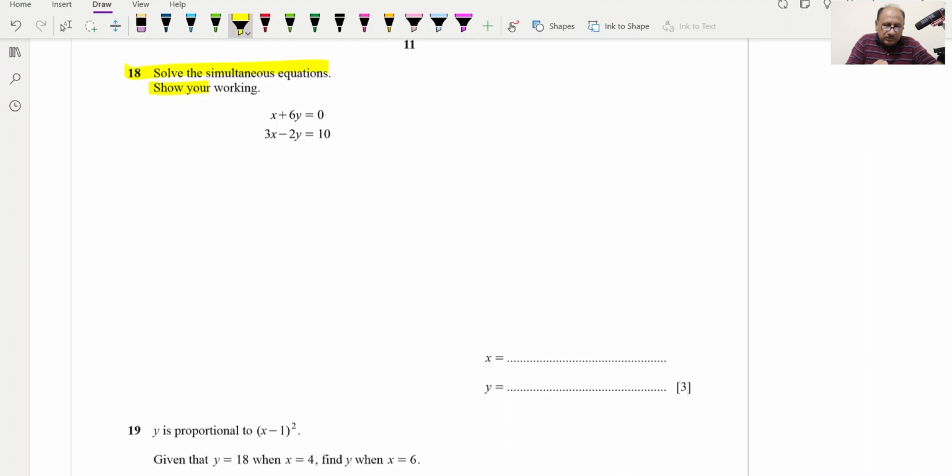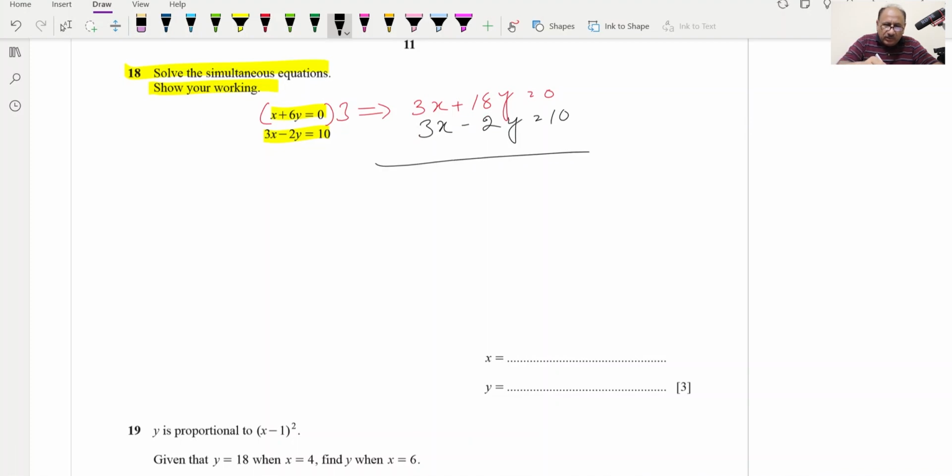It's a simultaneous equation. We have to solve these two equations by equalizing the coefficient of y or x. We can multiply equation 1 by 3, and this implies 3x plus 18y is equal to 0, and the second equation we copy as it is: 3x minus 2y is equal to 10.